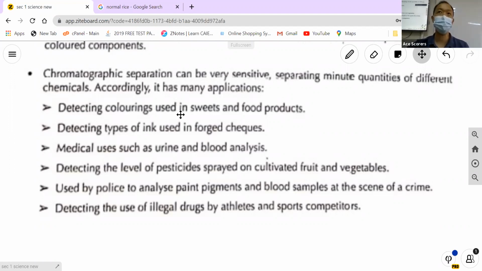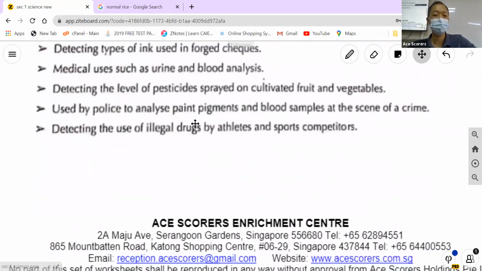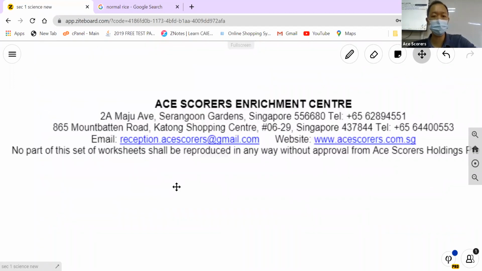You have to use chromatography. Other uses: detecting types of ink used in forged checks, test for urine and blood analysis, detect the level of pesticides on fruits and vegetables. Police use it to analyze paint pigments, and to detect the use of illegal drugs by athletes and sports competitors. Next. So these are the uses of chromatography.